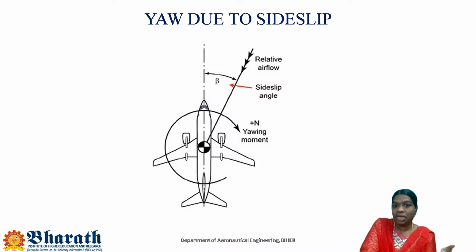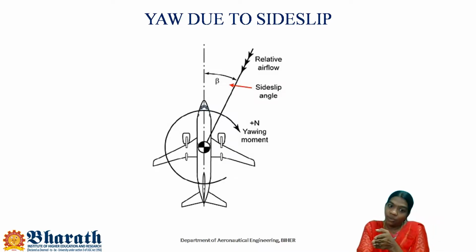The aircraft should come back to its original position, like it should move in its original flight path. That means the aircraft should yaw towards the right. When the aircraft should yaw towards the right, the rudder should be deflected towards the right. When the rudder deflects towards the right, what happens to the side force? The side force will be generated in the left direction.